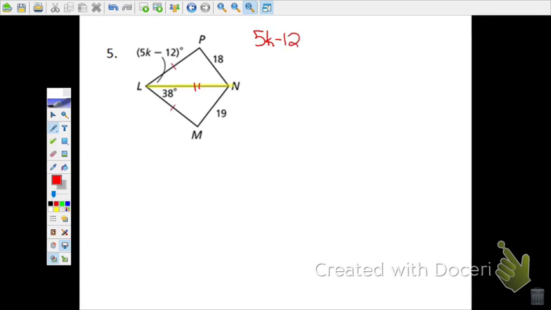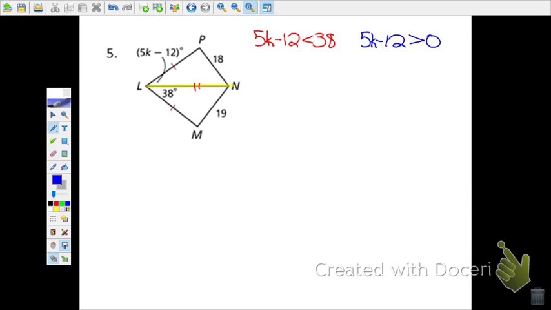Is that going to be less than or greater than the 38? It is less than the 38 because 18 is less than 19. For the other part, we're taking again that 5k minus 12, and it has to be greater than 0.